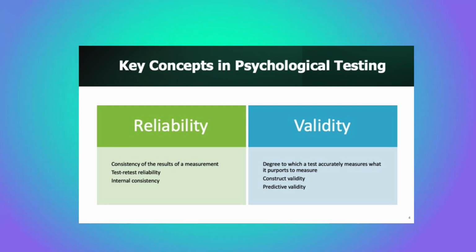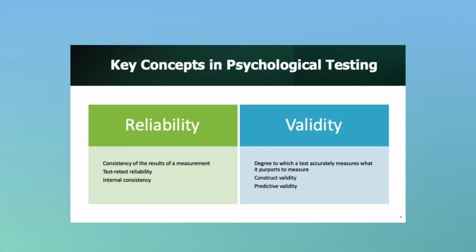So the first form of validity is construct validity. Construct validity is the extent to which there is evidence that a test measures a particular hypothetical construct. So in this case, whatever the test is, there is evidence that it measures intelligence.